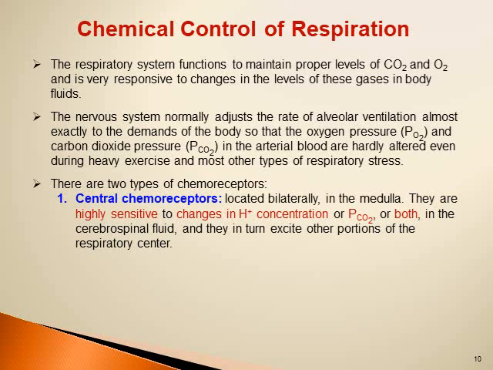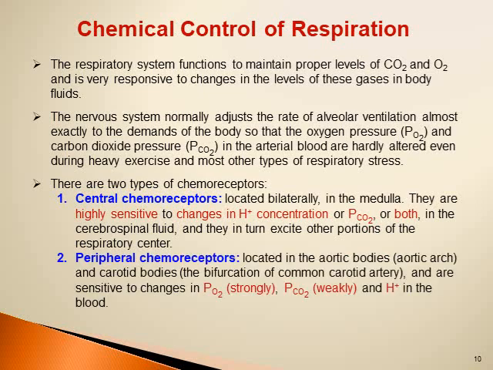They are highly sensitive to changes in hydrogen concentration or partial pressure of carbon dioxide, or both, in the cerebrospinal fluid, and they in turn excite other portions of the respiratory center, which is very close in the medulla oblongata. So the central chemoreceptors sense hydrogen and carbon dioxide concentrations in the cerebrospinal fluid that bathes the medulla oblongata.